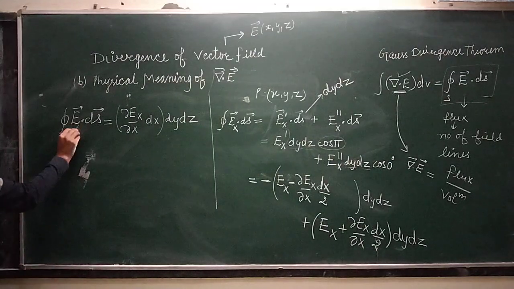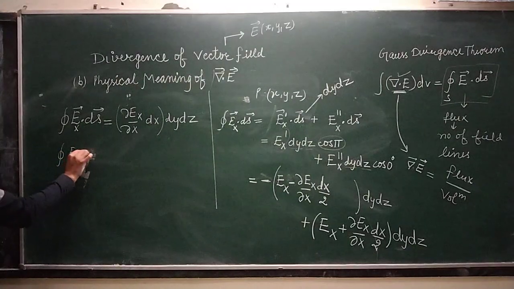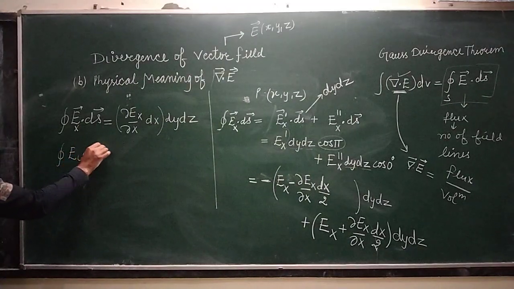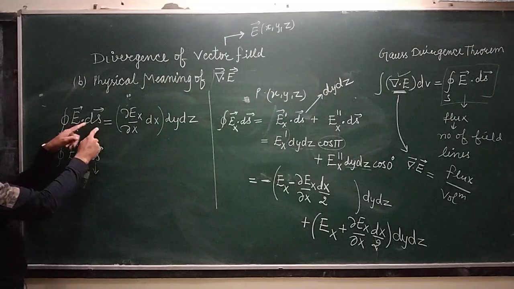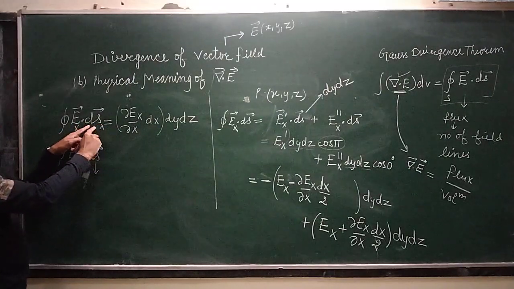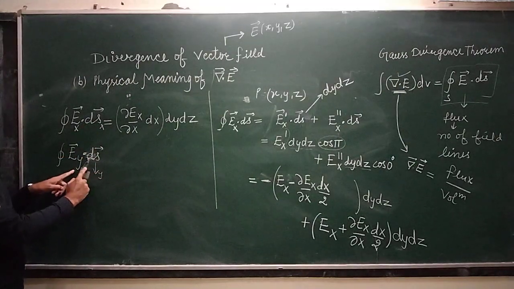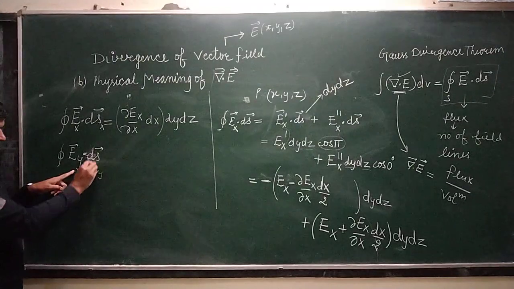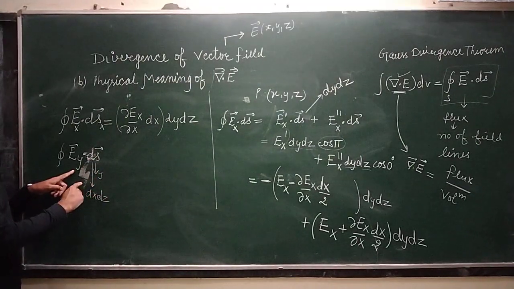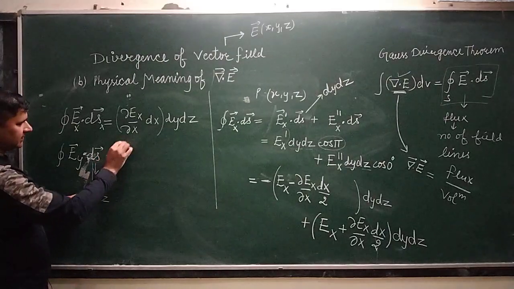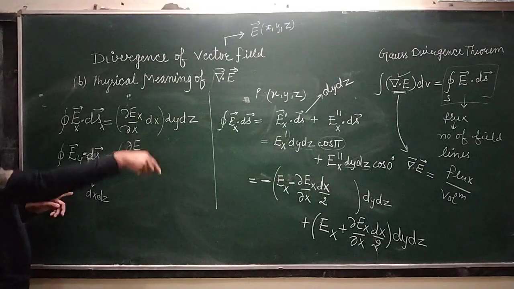And if you find the flux due to the y component, here the surface will be, you see this surface is perpendicular to the x direction and this surface will be perpendicular to y direction. So this surface will be made up of dx and dz. And you can generalize, no need to solve like that.